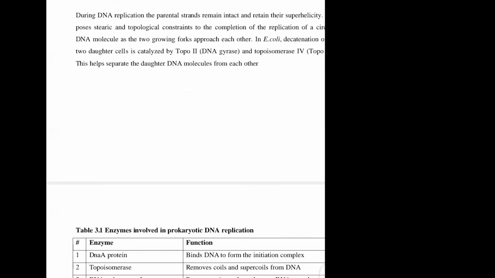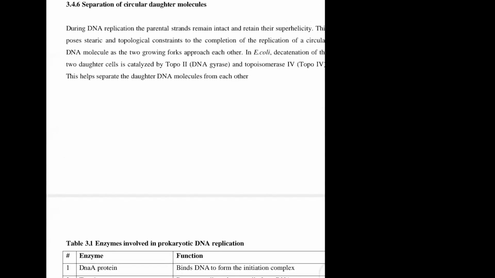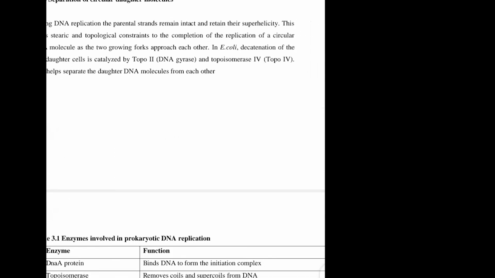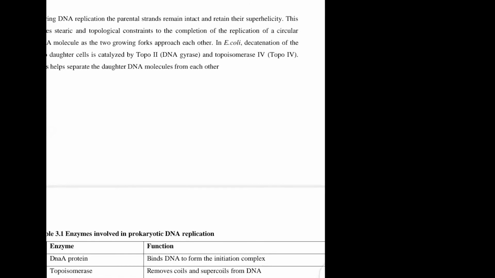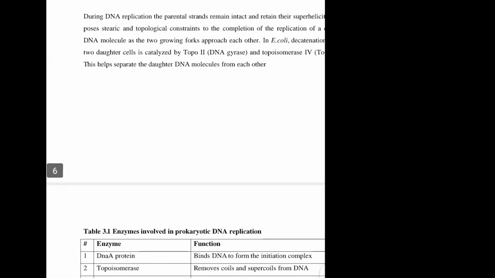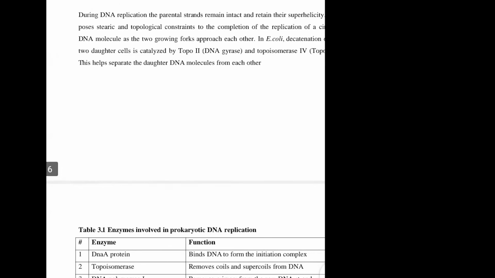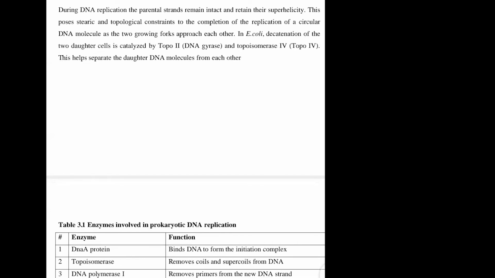Then during replication, separation of circular daughter molecules: the parent strands remain intact and retain their super helicity, from the word helical or helix. This poses steric and topological constraints on the completion of the replication of a circular DNA molecule as the two growing forks approach each other.